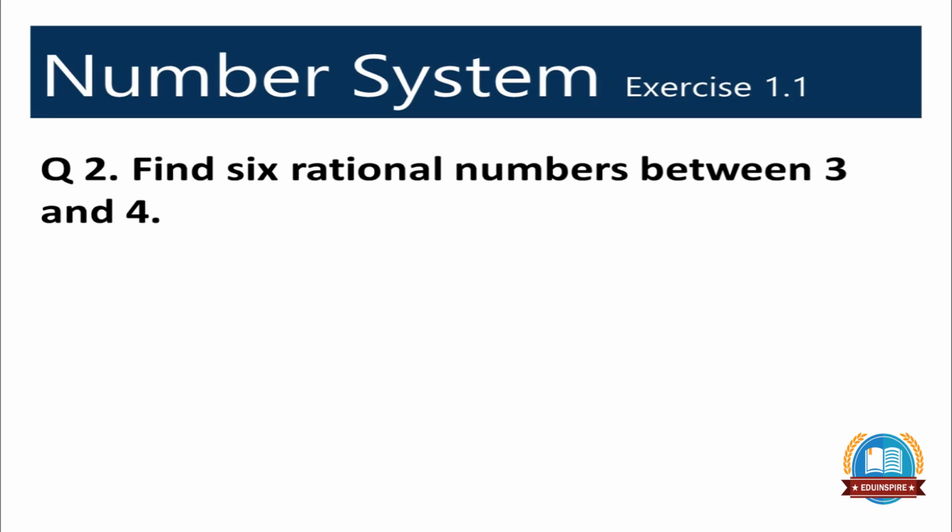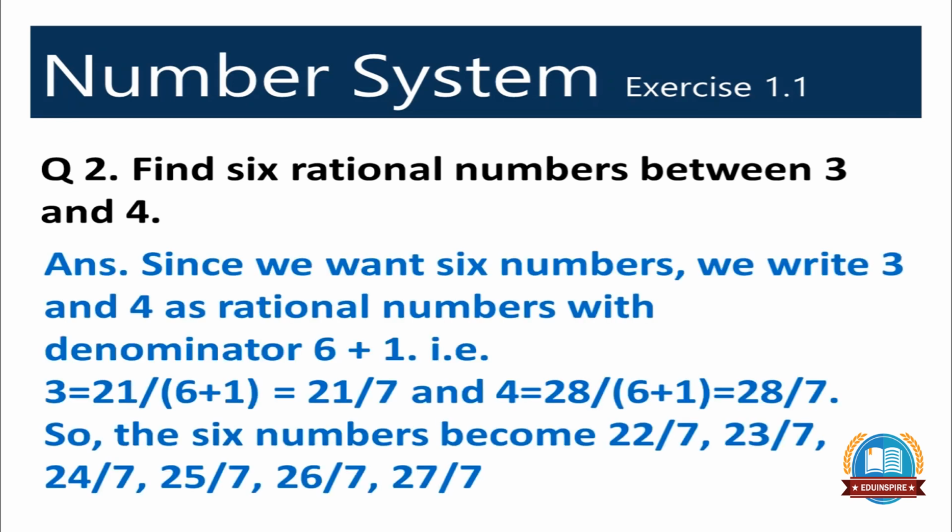Now let us go to question number 2. It states: find 6 rational numbers between 3 and 4. Since we want 6 numbers, we write 3 and 4 as rational numbers with denominator 6 plus 1, that is, 3 is equal to 21 upon 7, and 4 is equal to 28 upon 7.